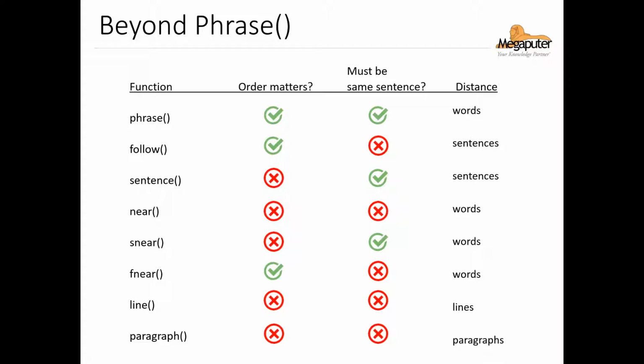But those constraints could be absent in other functions, or maybe one of them is, but the other isn't. So all these functions do very similar, but slightly different operations in our queries. And they're all just looking at proximity. Today, we are going to be moving on to some more advanced functions.